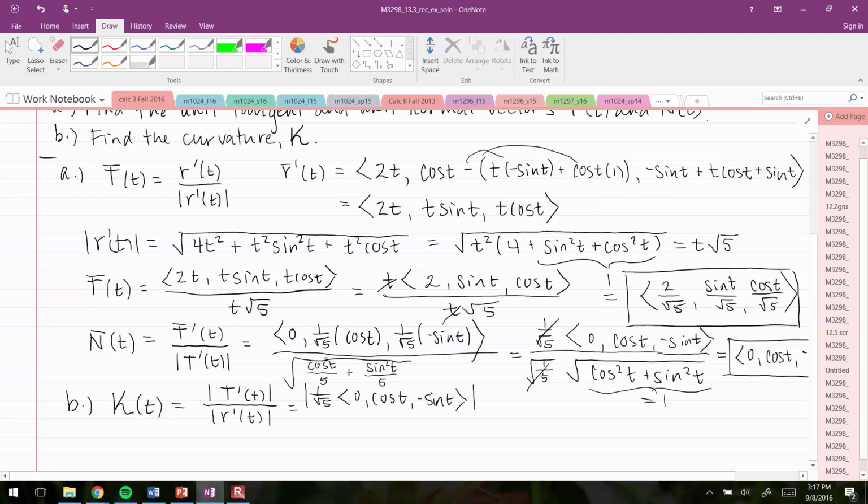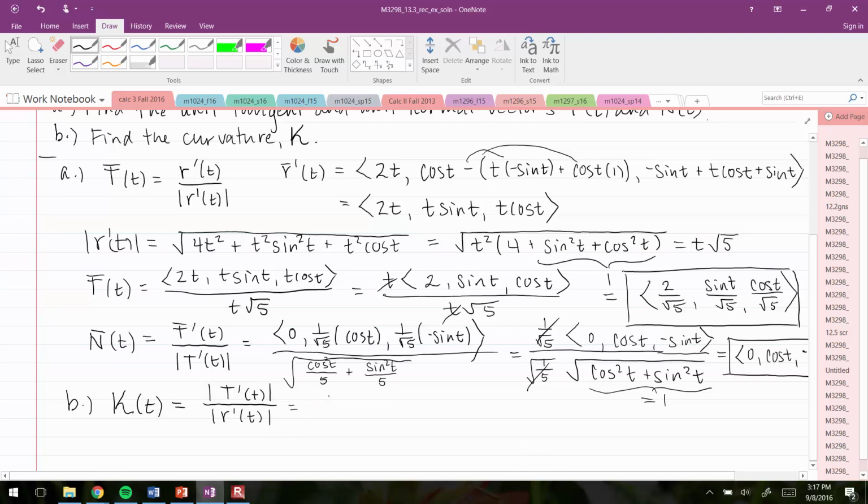And whoops, I just realized we had that in the denominator already. Okay, backtrack, it's actually even easier than that. So follow our work here, and notice that we actually boiled all that down to, if we didn't cancel, just 1 over the square root of 5, because it was times 1. Okay, good thing I noticed that sooner rather than later. Next thing, notice we did all this work up above for the magnitude of the derivative of r.